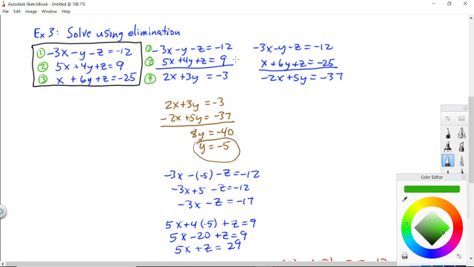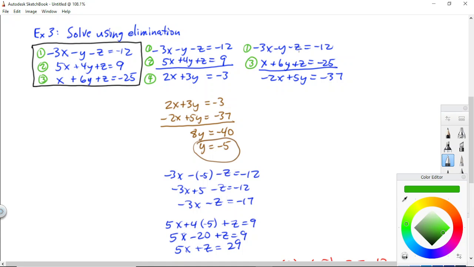If we had another equation with just x and y in it, we could work with that. We know how to solve systems of two equations with two variables. So we could use equation 1 and equation 3 and get rid of the z using those two. So we used 1 and 2 the first time, now we're using 1 and 3. Conveniently, if we add those together, we'll get rid of z.